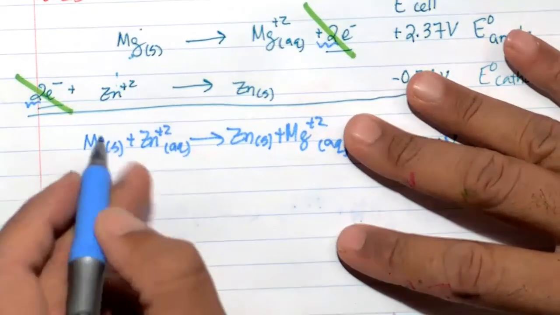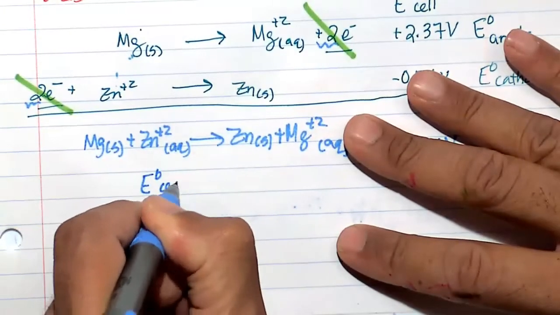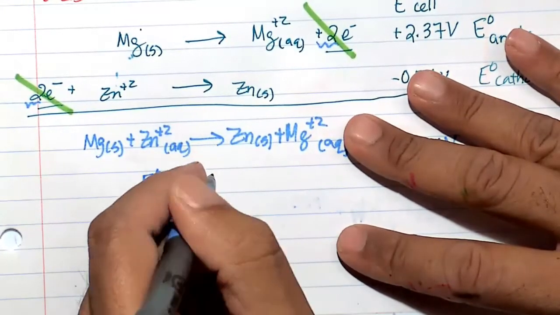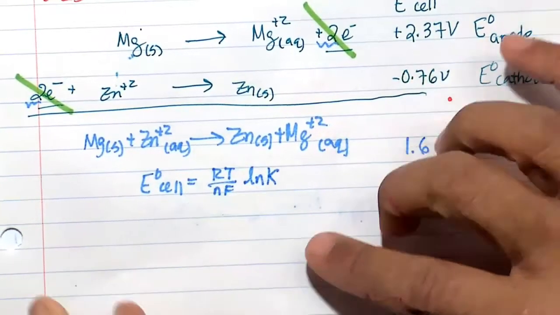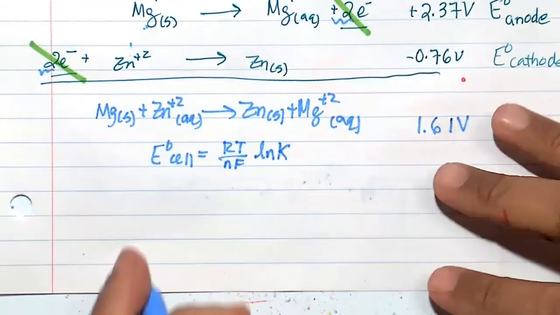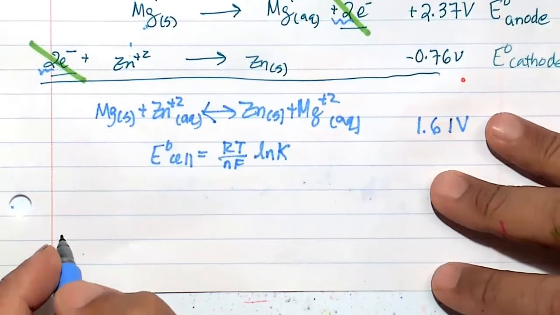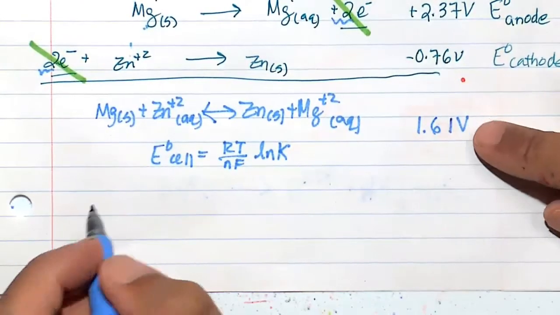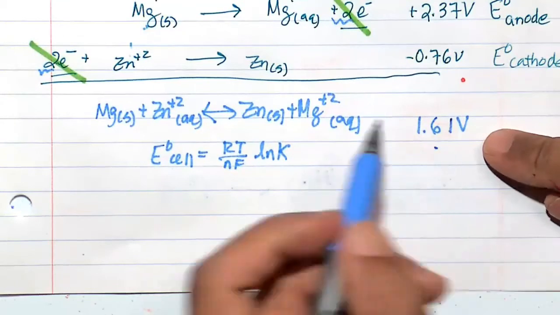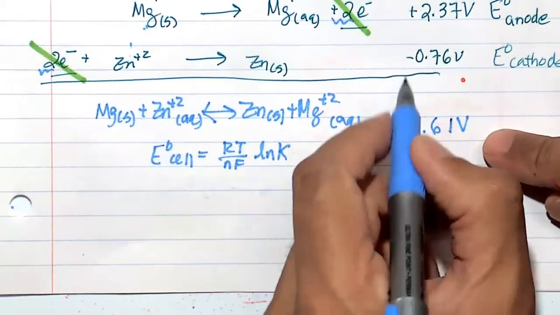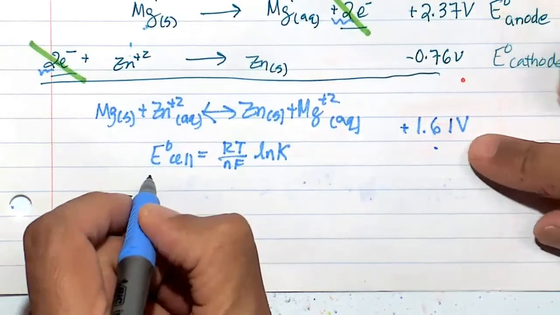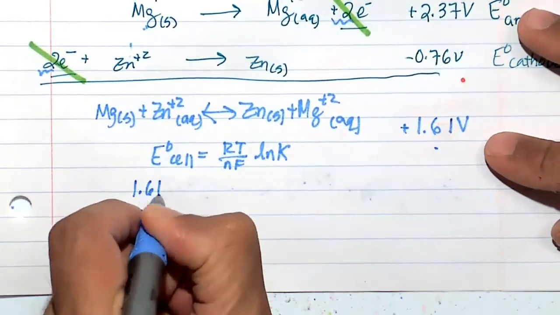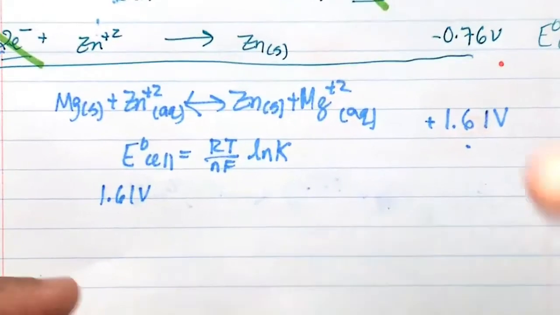Writing out this equation, E cell equals RT divided by NF, natural log of K. We're going to solve for equilibrium constant K for this reaction. It's a spontaneous reaction, so we would expect it to favor the product side. I say that because it's positive 1.61 volts. So E cell, we already figured out, is 1.61 volts.